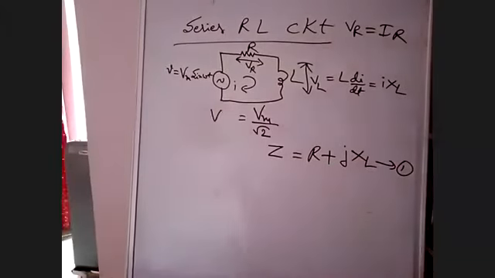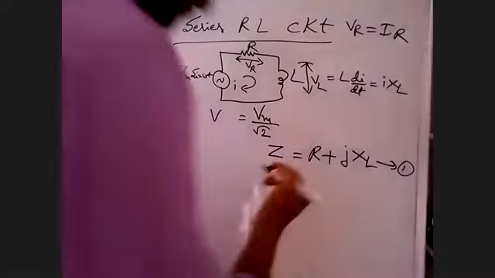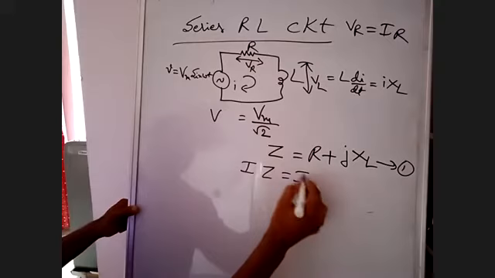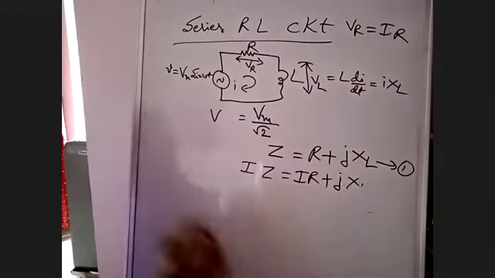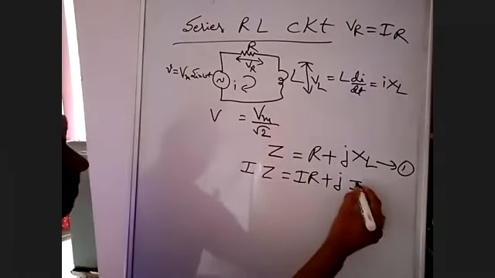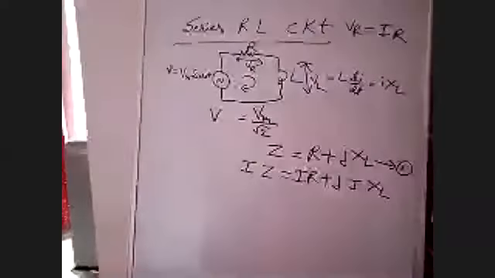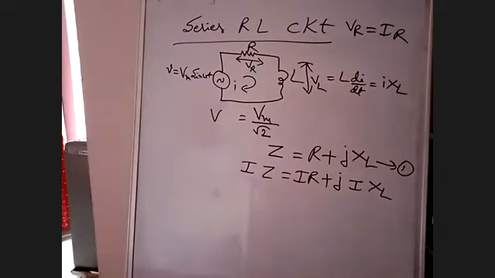Let it be equation 1. For equation 1, multiply on both sides with the RMS current I. Capital I is RMS current, capital V is RMS voltage, and RMS voltage is peak value by root 2.